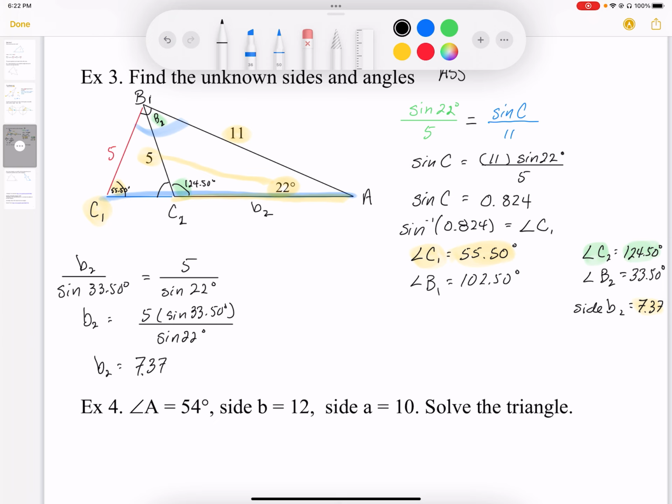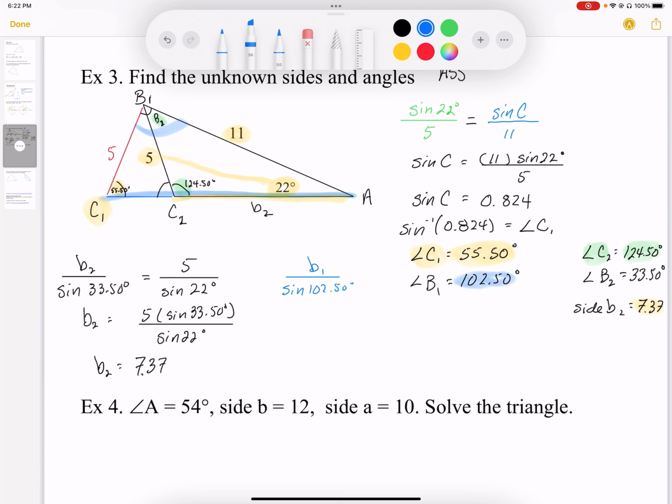So we end up with B1, the side length of B1, over the opposite angle to B1, which is angle B1, 102 degrees. So we're going to go sine of 102.50 degrees. Okay, so just making sure we know where these are coming from.